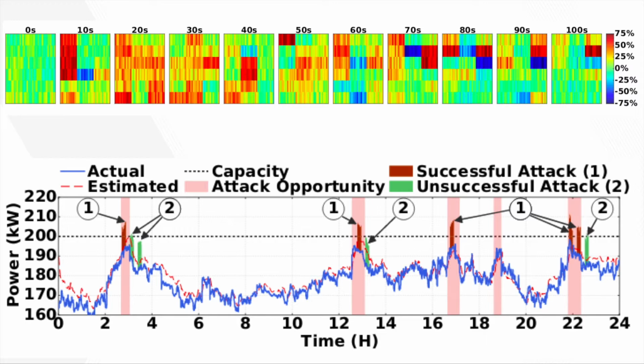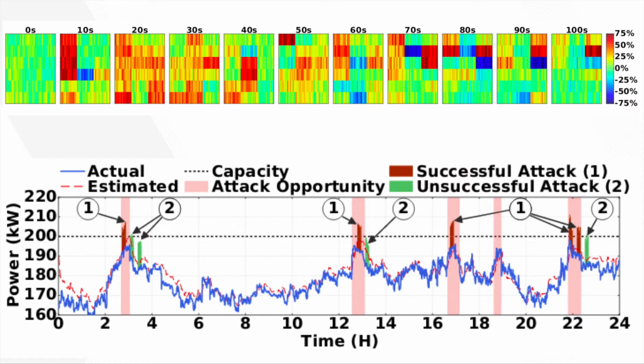And as that blue line and the red line get closer to that power capacity, that's going to present attack opportunities to us. The little red highlighted vertical areas are our attack opportunities. That's when we can start drawing as much power as we possibly can, and that will exceed the total power capacity for the data center.